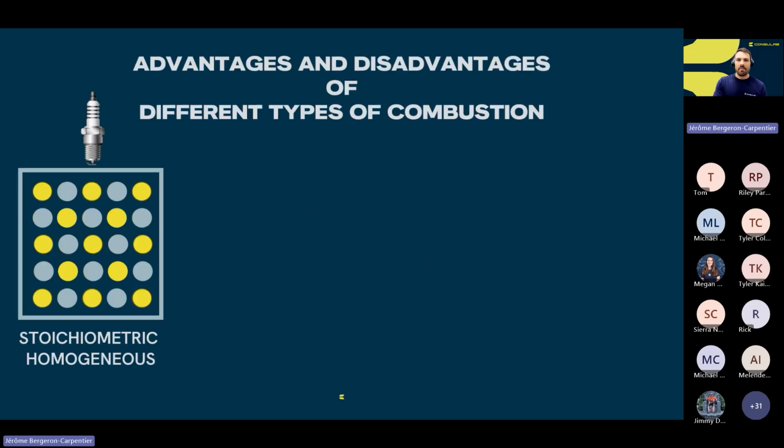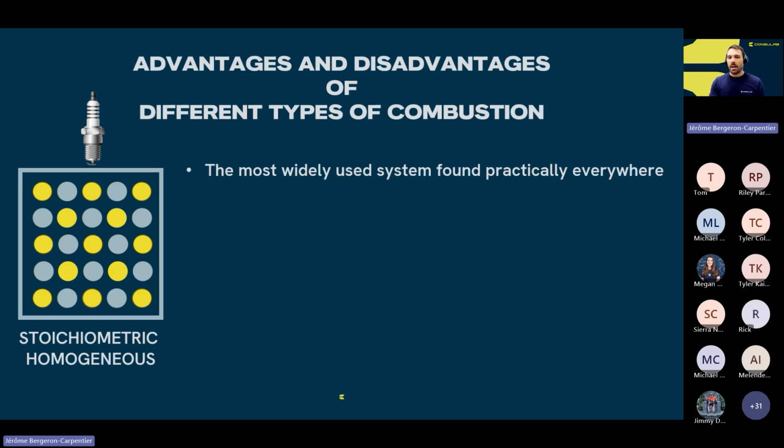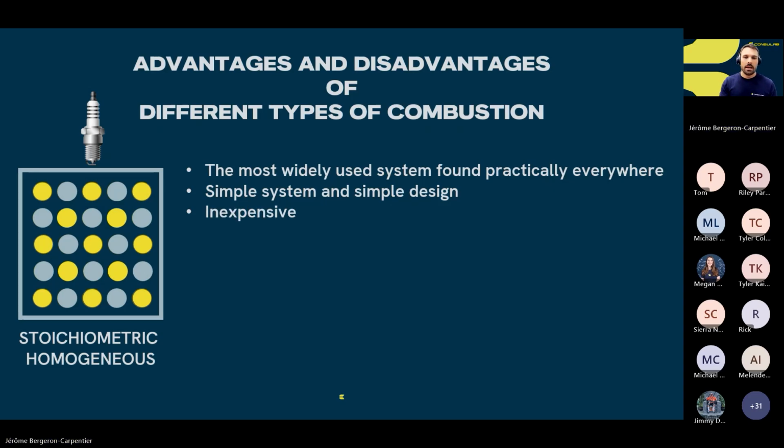So, some advantages and disadvantages of the different types of combustion. If we start with the stoichiometric homogeneous, it's the most widely used system. We have seen it, we know it. Basically, it's a super simple system, super simple design, nothing too complex, so we don't have that much cost related to those systems.